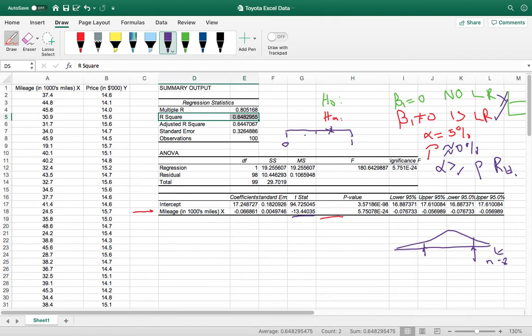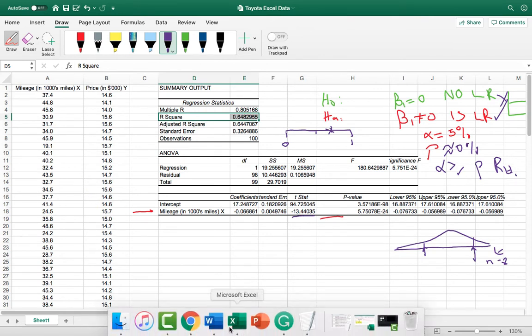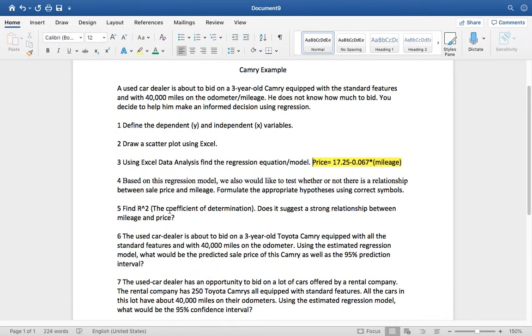It's closer to 1 than it is to 0. Closer to 1 meaning that we're closer to being perfect than having no linear relationship. So we should be able to use this to predict what's happening in terms of price of cars. So what else have we got to do there? So it does suggest a strong linear relationship.